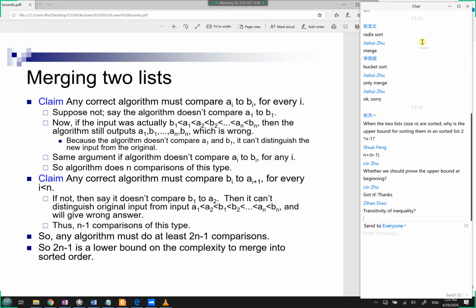But the reason it must compare A2 to B2 is that there's no transitive relationship that can tell the algorithm which one, A2 or B2, is larger. For example, if the algorithm compared A1 to B1, and it also compared A3 to B3, even after those two comparisons, it gets no information about whether A2 is larger than B2.